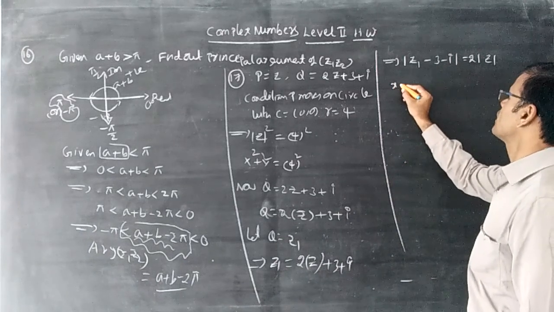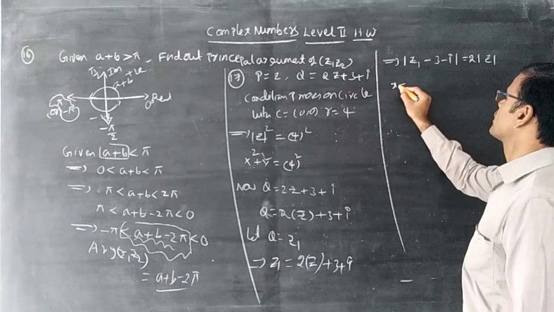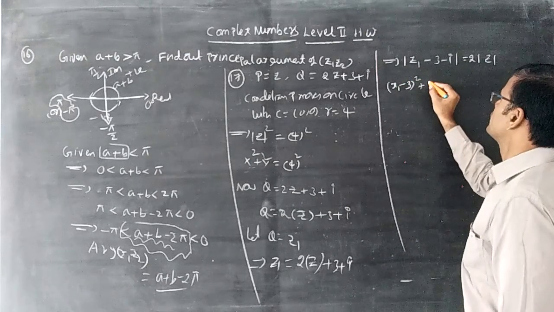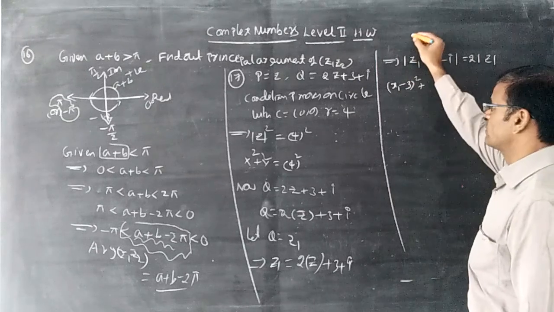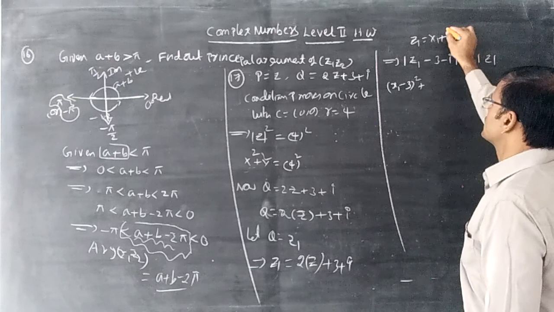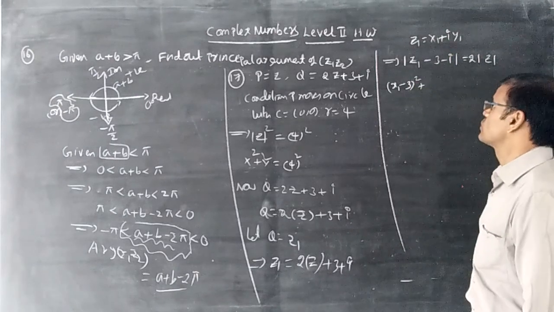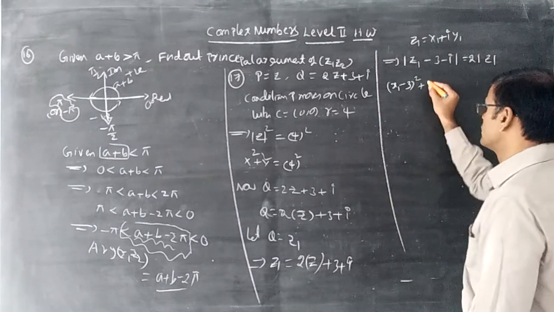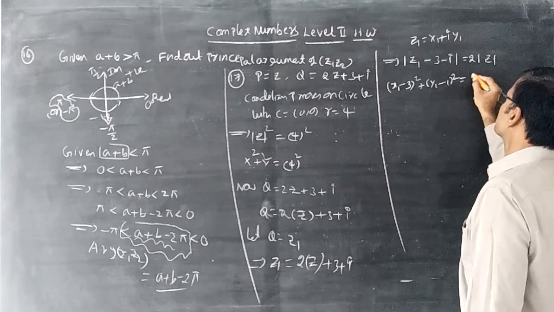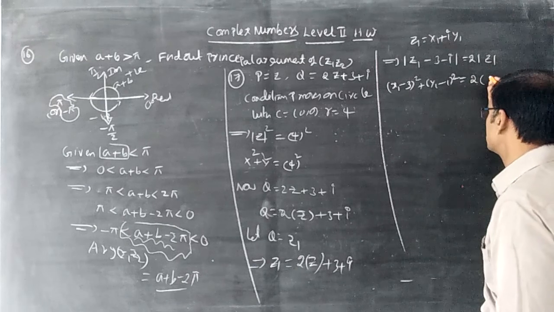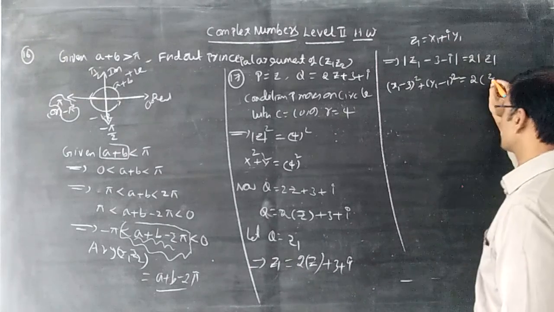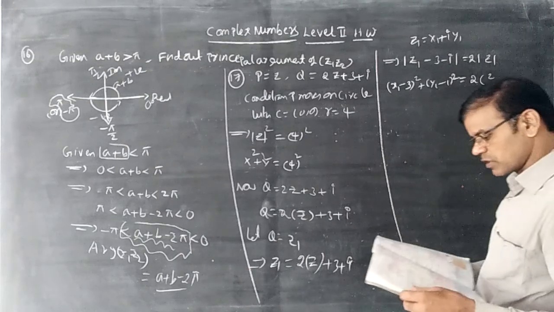You can understand here, x1 minus 3 whole square plus i into, this can be understood as Z1 is equal to x1 plus i y1. x1 plus i y1 can be understood as x1 minus 3 whole square plus i taken common, y1 minus 1 whole square is equal to 2 into modulus Z. Modulus Z meaning x square plus y square, that is equal to 2 into 4 square you can write.